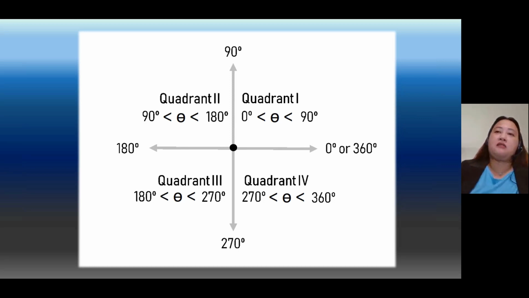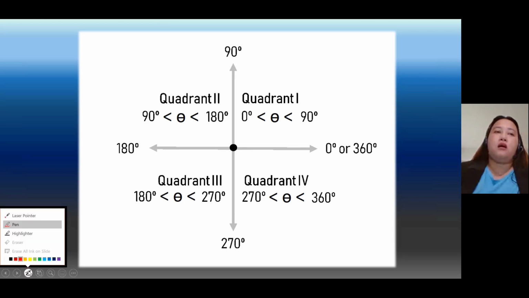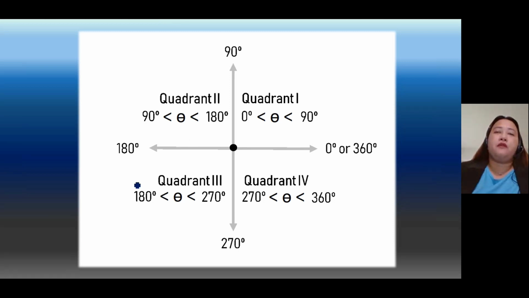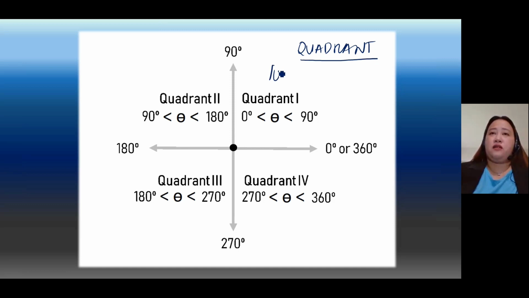So if you will be asked, for example, in which quadrant can you find 100 degrees? Of course, since 100 is between 90 and 180 degrees, your answer would be quadrant 2.